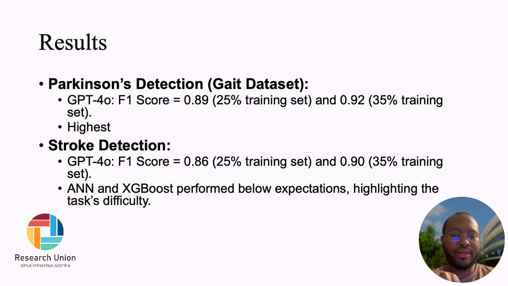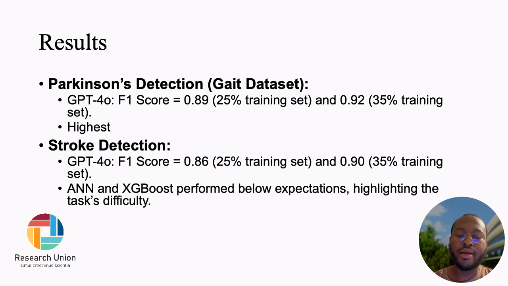This stroke data set is the most difficult actually. It is limited data with imbalanced classes. And here the generative model also prevailed with an F1 score of 0.85 in the training set of 25%.